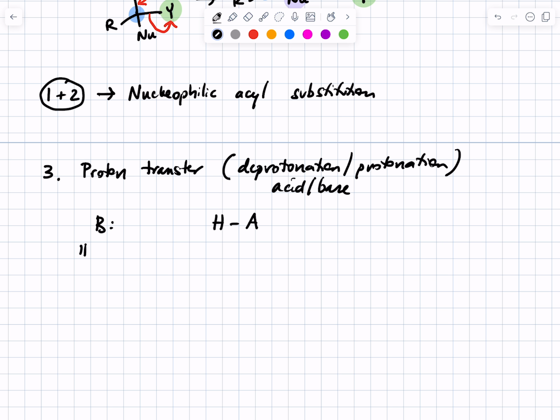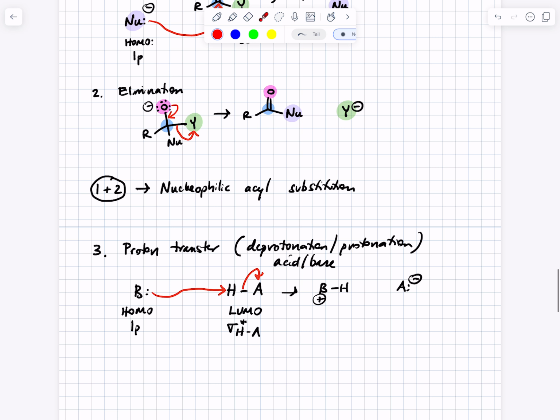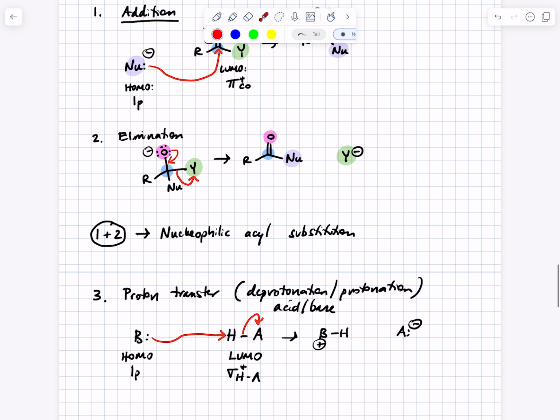A base, the HOMO is lone pair electrons on whatever the atom is, attacks the acid, and we're talking about the LUMO is the sigma star between the acidic hydrogen and whatever it's attached to. And we attack that sigma star and the sigma bond breaks. We have the base now bonded to a hydrogen, and then we now have A minus, which is the conjugate base of our acid.